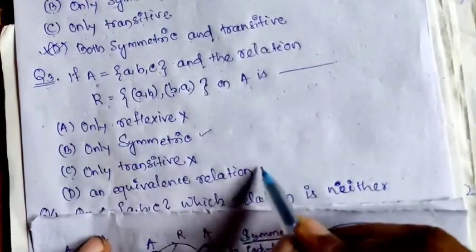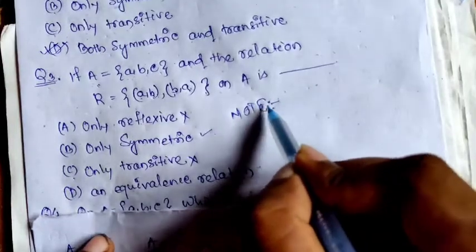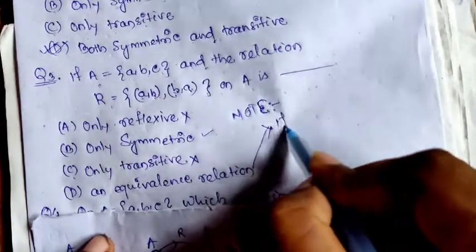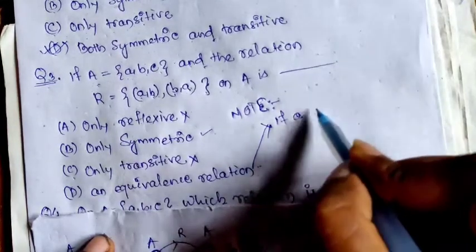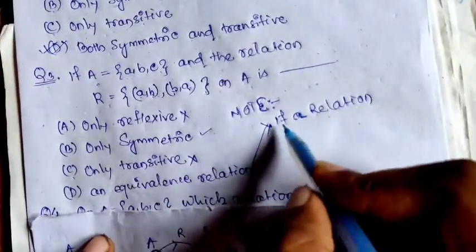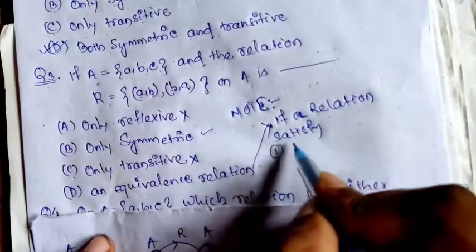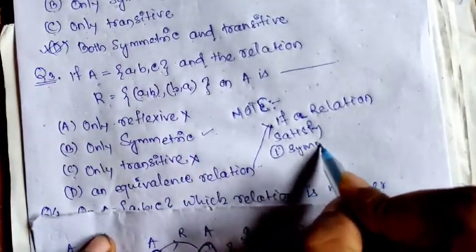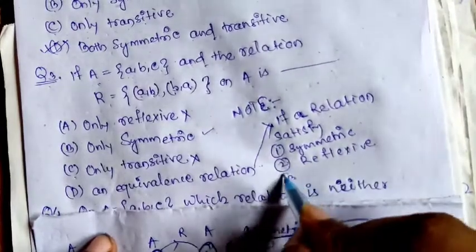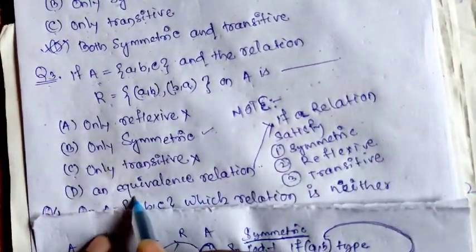For an equivalence relation, we want to note that if a relation satisfies symmetric, reflexive and transitive, then it is called an equivalence relation.